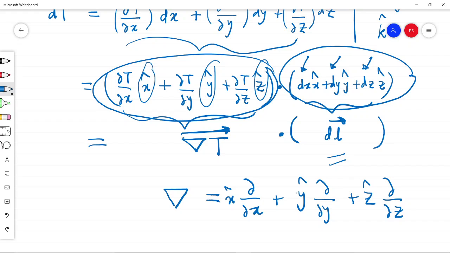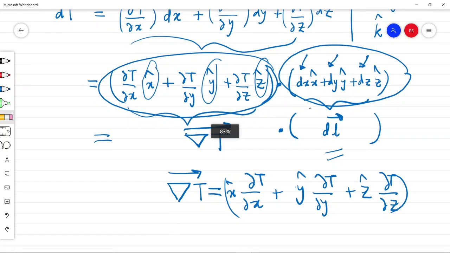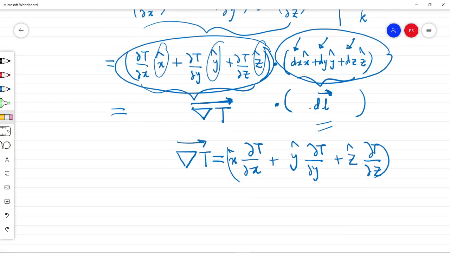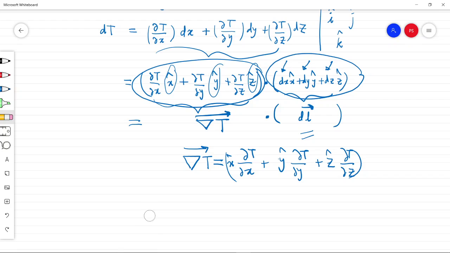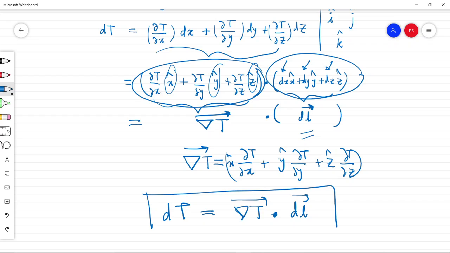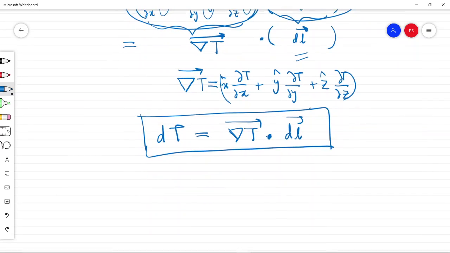When this del is operated over the function t, we get a vector expression corresponding to the term in the parenthesis. So we see that the differentiation of the function t is simply del t bar dotted with dl bar. This is how we differentiate a function of three variables x, y and z.